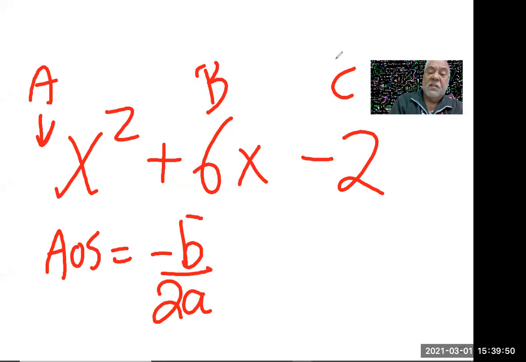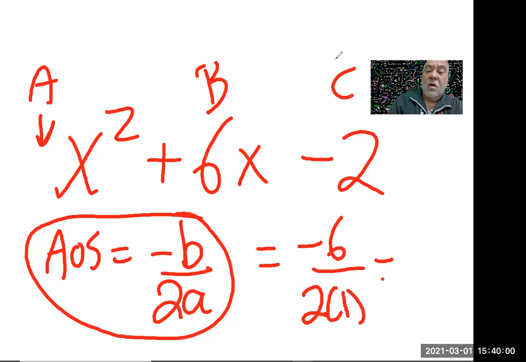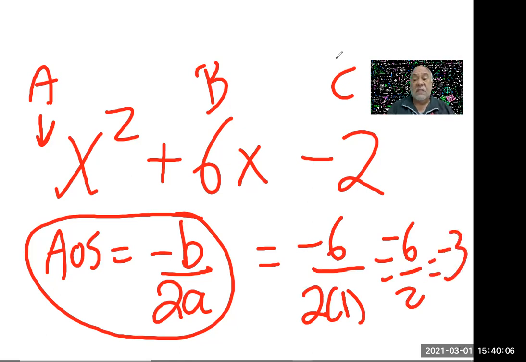You don't need c in this particular case, so it's minus b. So minus 6 over 2a. A is 1, so over 2 times 1, which is 2. So minus 6 over 2 is equal to -3. So the axis of symmetry in this case would be -3. And that's the x value of the vertex. If you want to know what the y value is, then you have to plug in this -3.